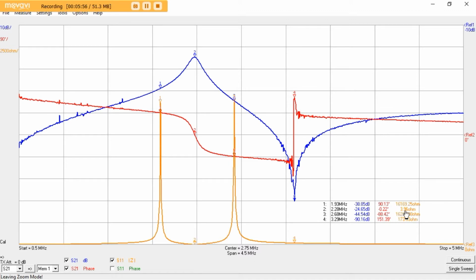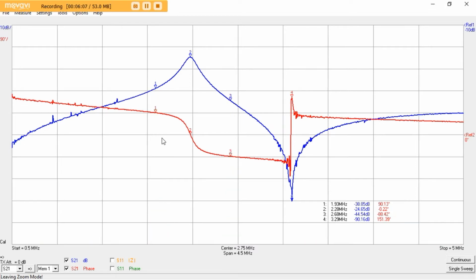That's only 3.96 ohms, and that's a resistive impedance. So this is very typical for transmission gain over essentially a resonant coil.